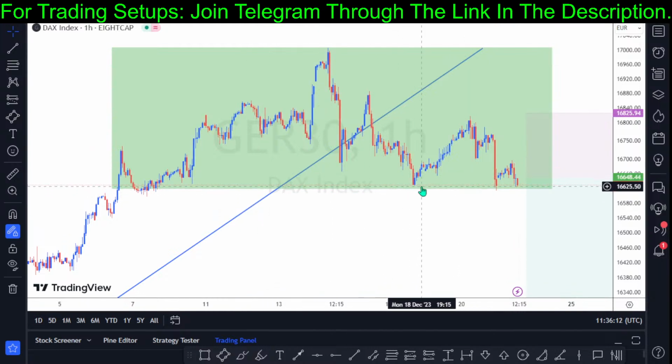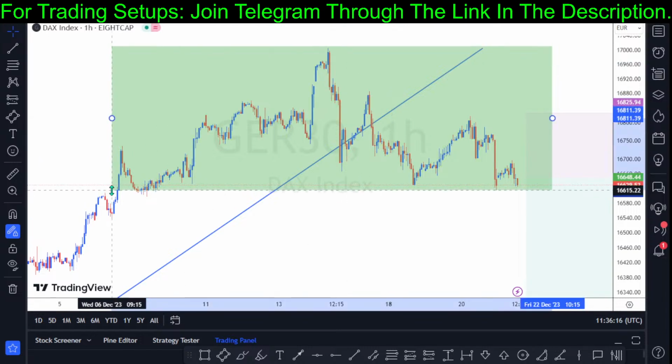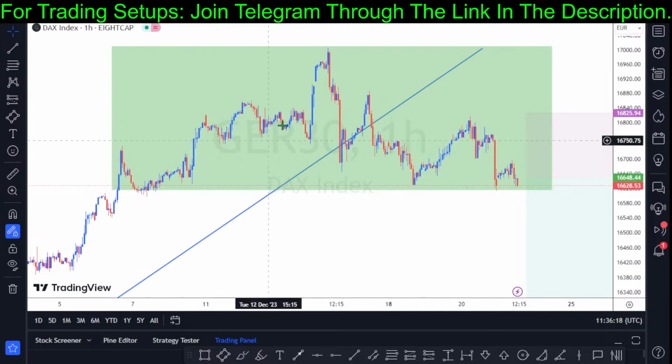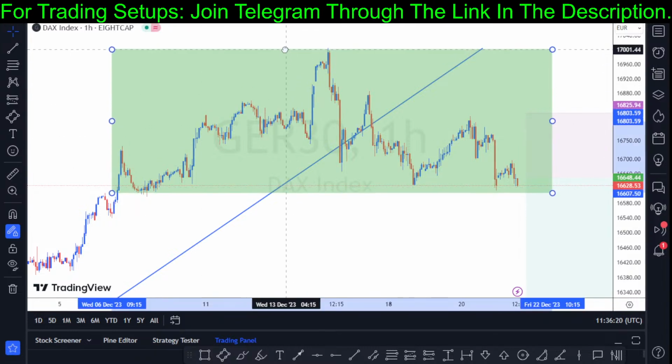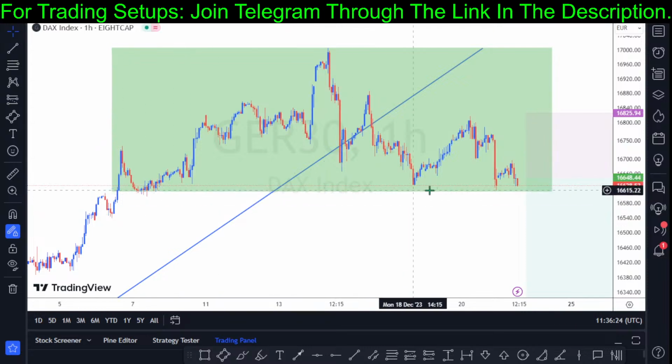Okay, so let's wait. So here is what I have. We're targeting the neckline. The neckline can be broken right here. We need a break of structure right here.